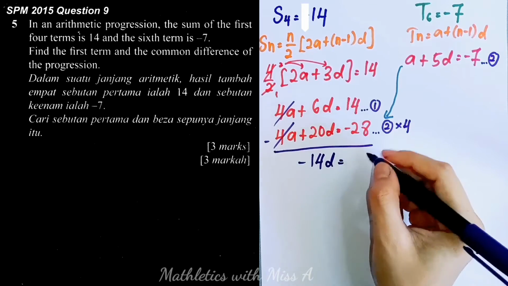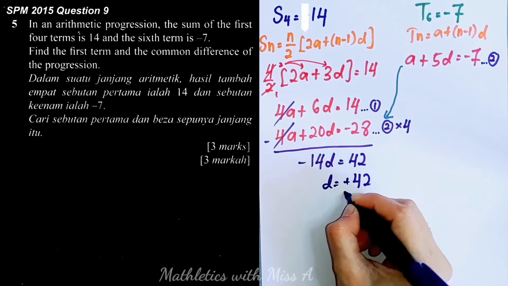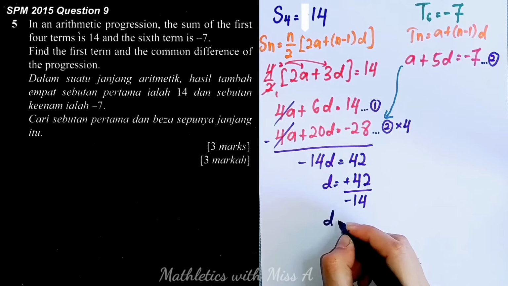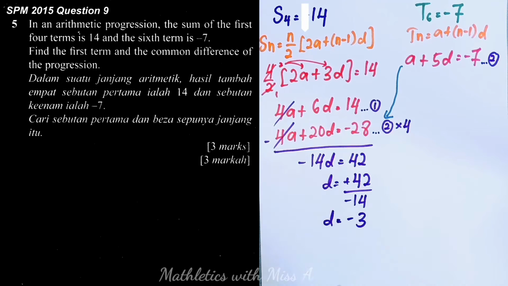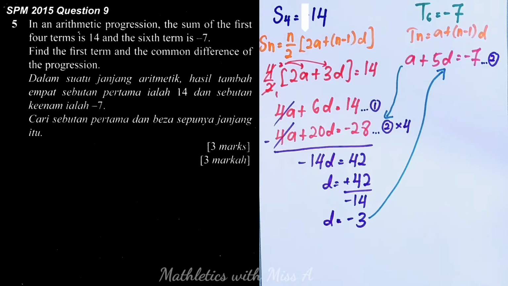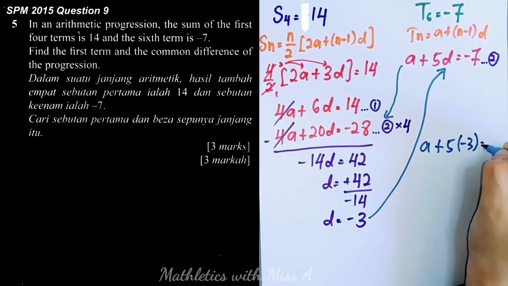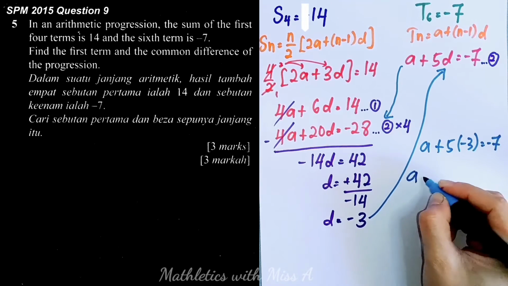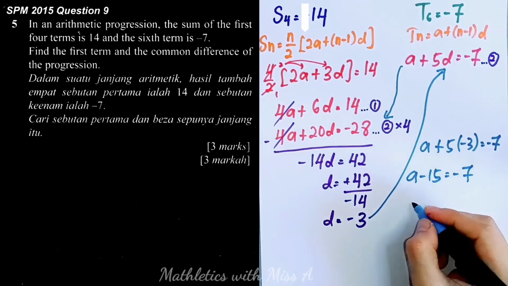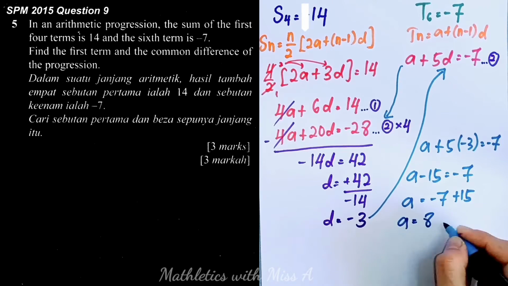So what remains is negative 14d equals 42. So d equals negative 3. Then insert negative 3 into d. So a plus 5 in bracket negative 3 equals negative 7. So a equals 8.